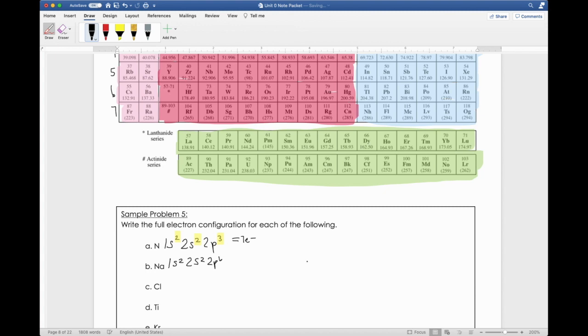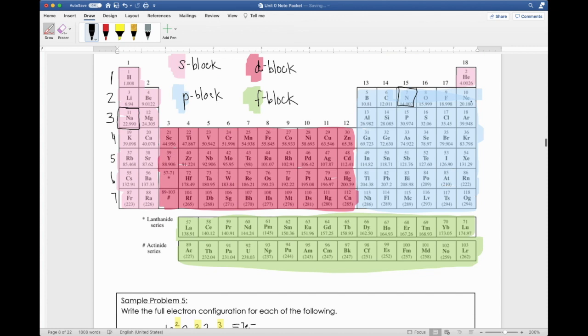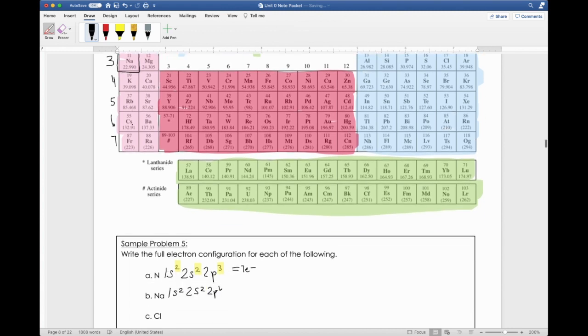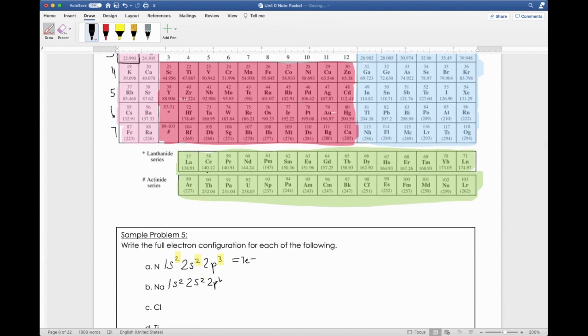However, we're not done because that 6 leaves me at neon, and I want to get to sodium. So sodium is the next element over. Now I'm in the third energy level, s block, and sodium is the first element. So I would end this with 3s1.